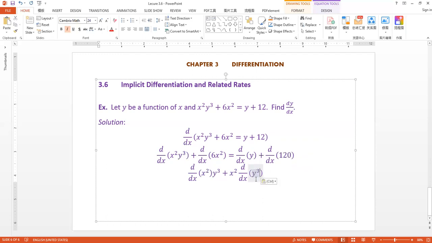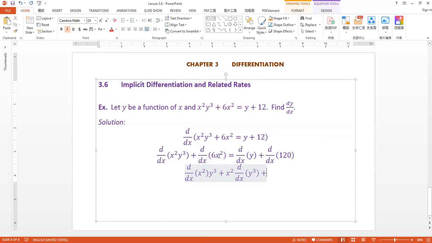There should be y cubed in here. So this is the derivative of the first term on the left. It breaks up into two terms because of the product rule, since x squared times y cubed is the product of two functions.